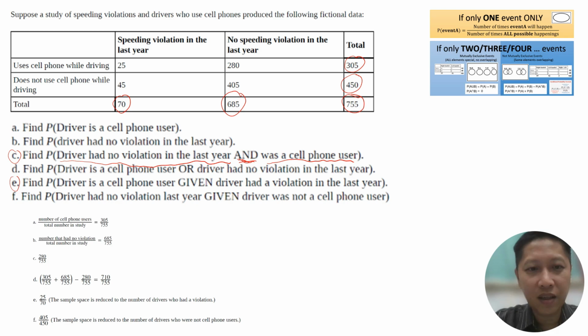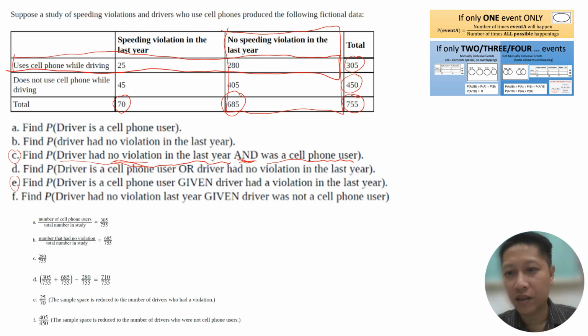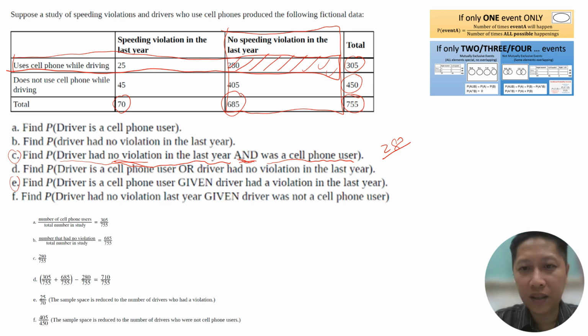Look at the no violation column here, and was a cell phone user. We're going to highlight the column and the row and find the intersection. The number is 280. Divide by the total drivers surveyed. This would be the answer.